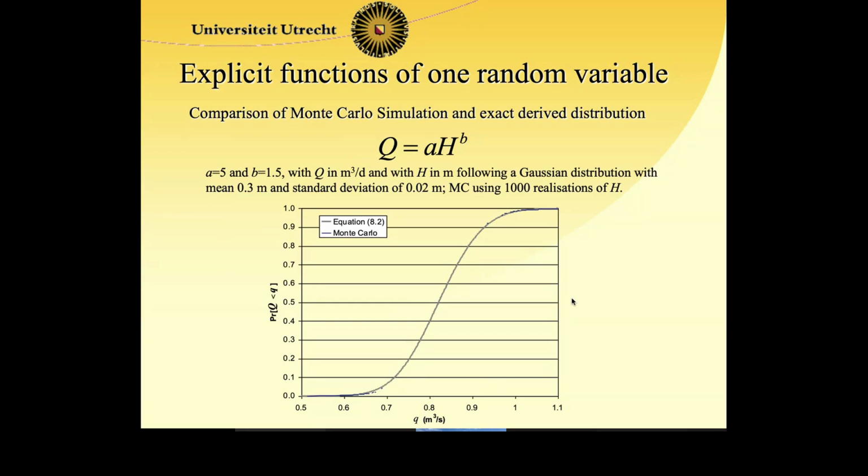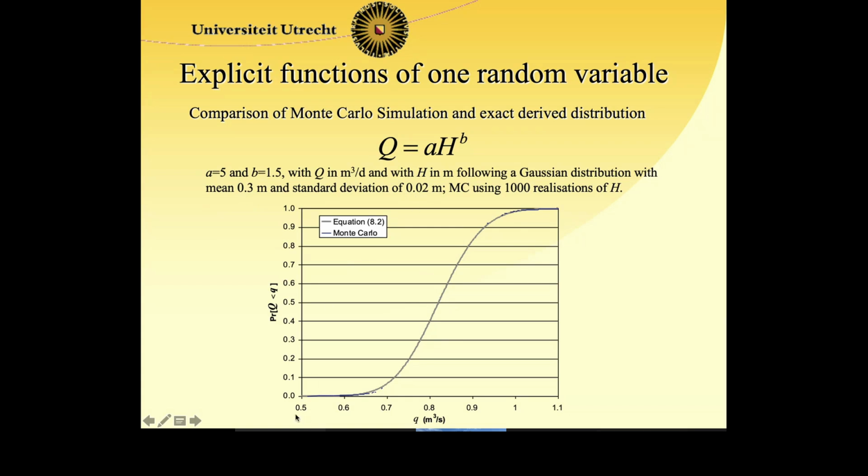So what I've done here, and then we're going to have a break. What I've shown here is how effective Monte Carlo simulation can be, and how easy. What I've done here is I calculated the theoretical cumulative probability distribution function using the exact derivation, the derived distribution approach, assuming that H follows a Gaussian distribution with a mean of 0.3 and a standard deviation of 0.02.